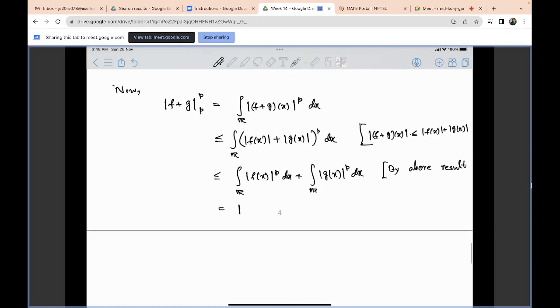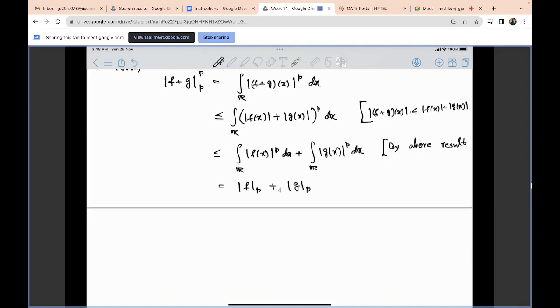So then this is ‖f‖_p^p plus ‖g‖_p^p. So we have got ‖f plus g‖_p^p less than ‖f‖_p^p plus ‖g‖_p^p.